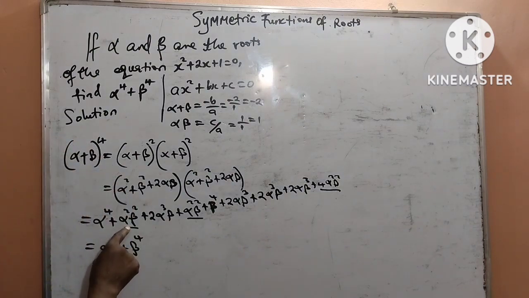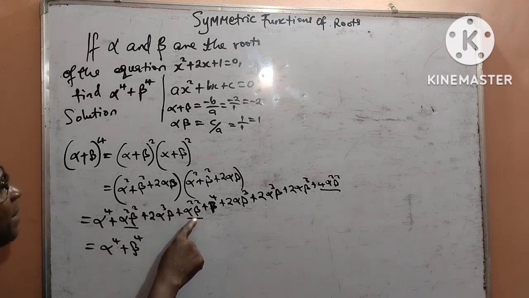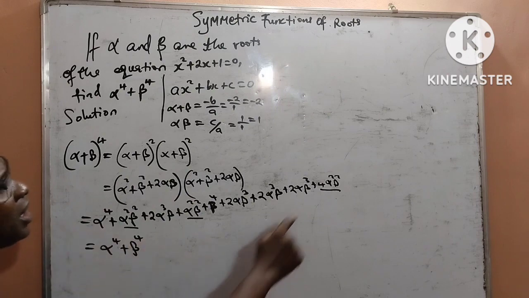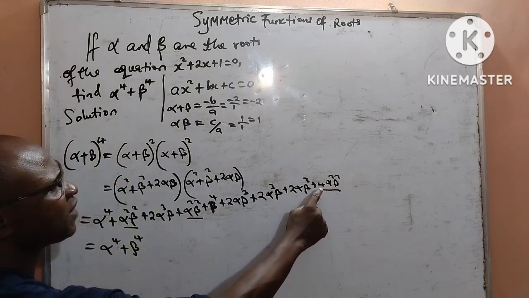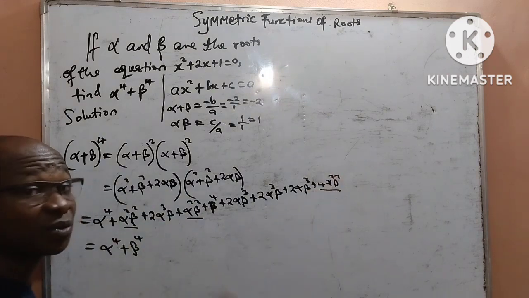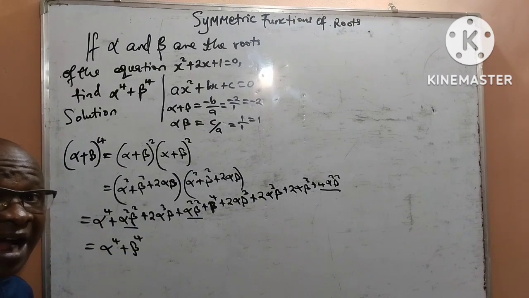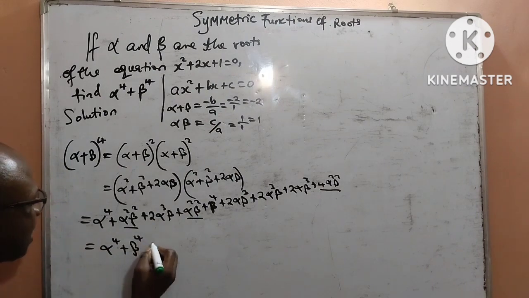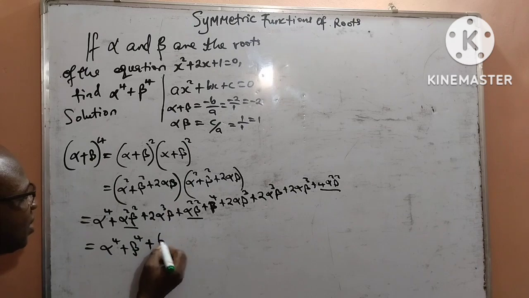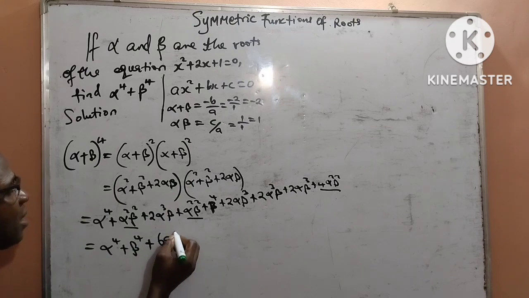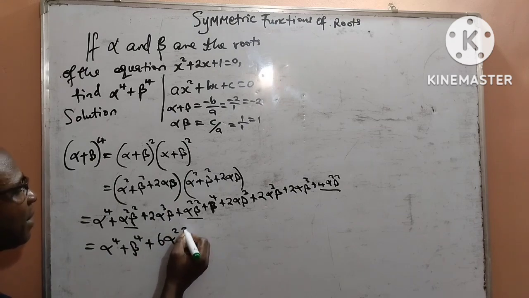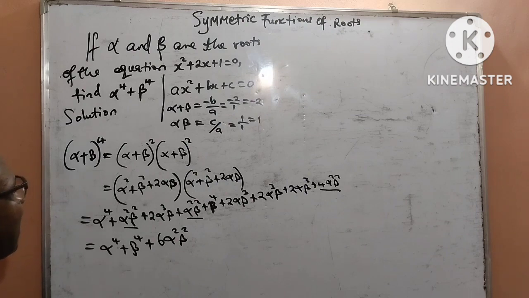I have 1 alpha power 2, beta power 2, then another one, 1 alpha power 2, beta power 2, that's making it 2. Then here, 4 alpha power 2, beta power 2, that will now make it 6 alpha power 2, beta power 2. I will now write plus 6 alpha power 2, beta power 2. I have now selected them together.